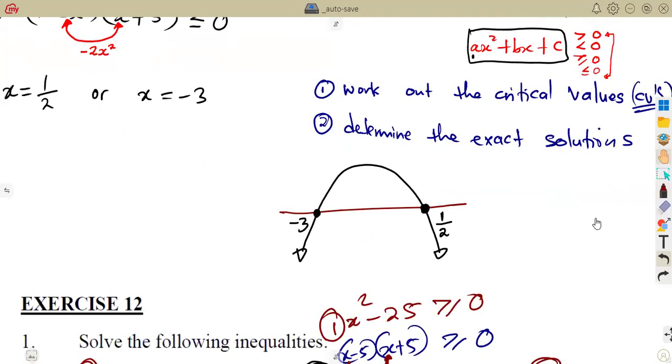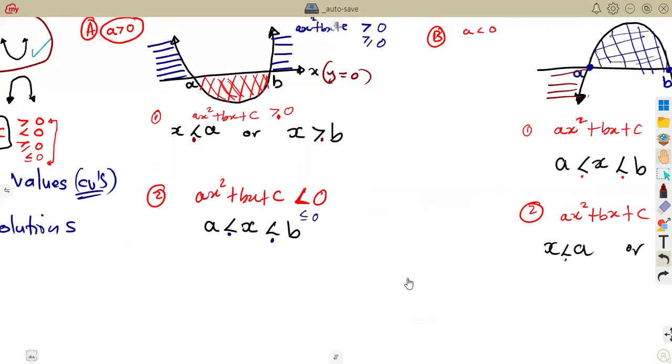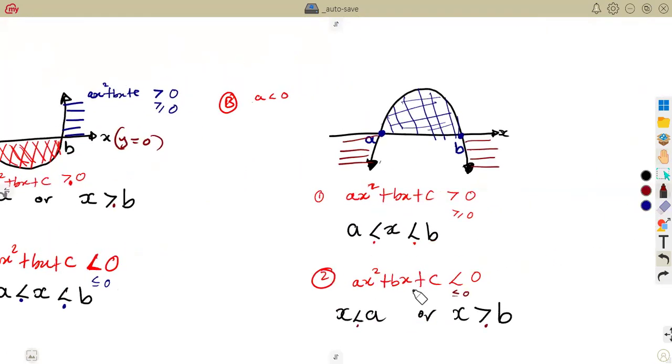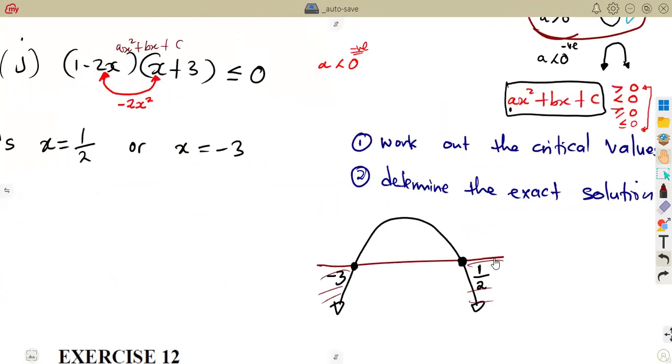And on a function of this nature, when it is less than 0, we are talking about below the x-axis. We saw it here: when our function is less than 0, x is less than a, or x is greater than b. So this is what we're going to expect even on our question here.